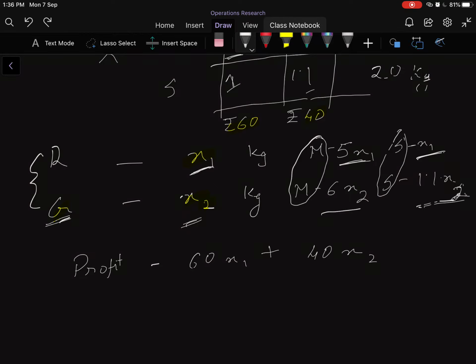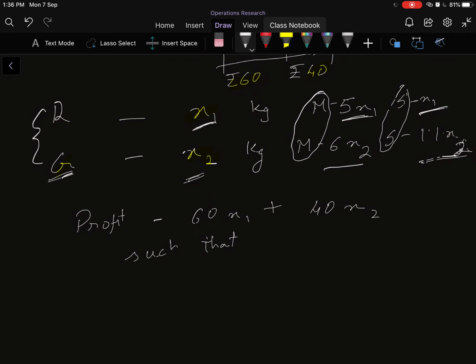And the total resource requirement is such that, for milk, it is 5x1 plus 6x2.